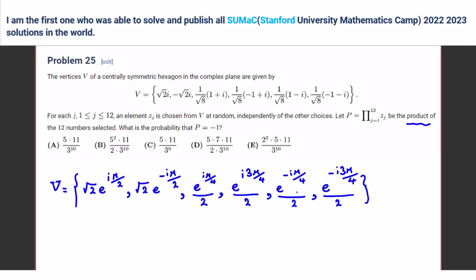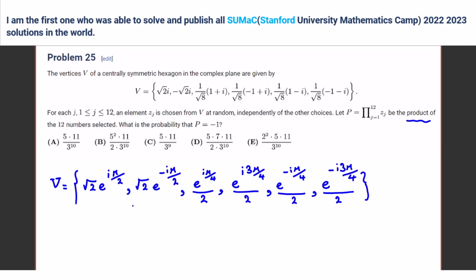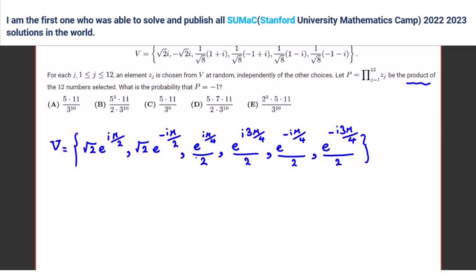Okay, so here the product should be -1, right? Yep. So we have two parts to check. One part is the length. The product of these lengths should be 1. So these two are the same.